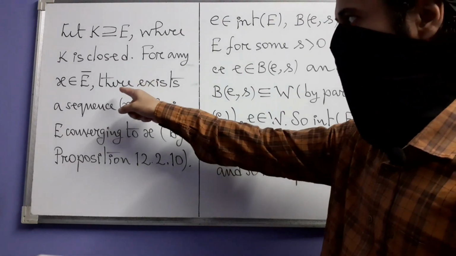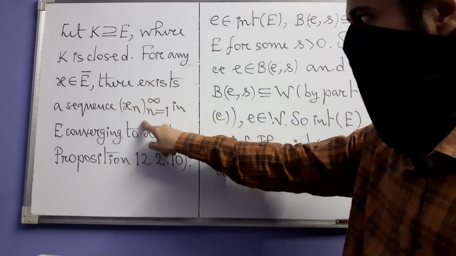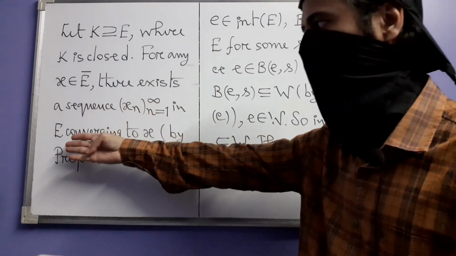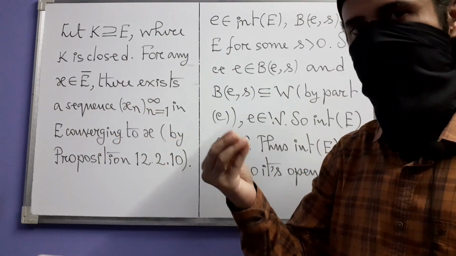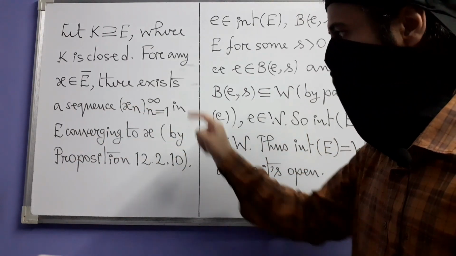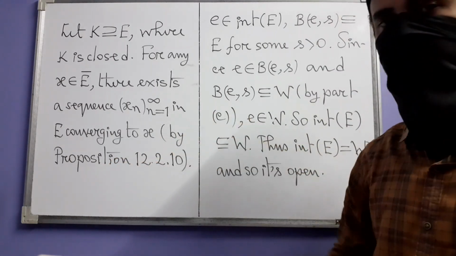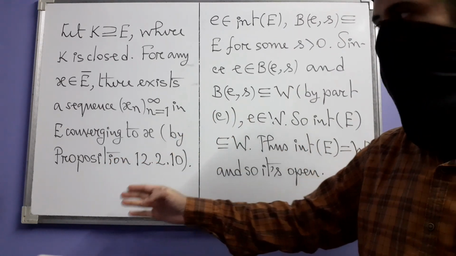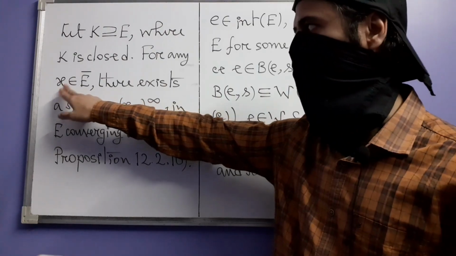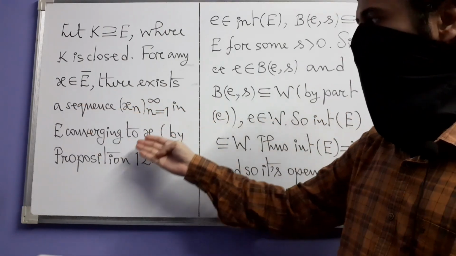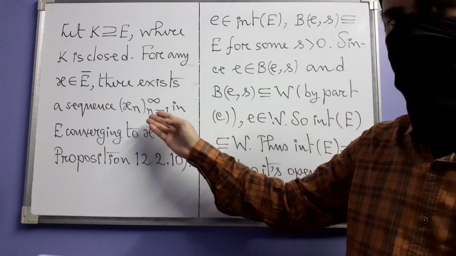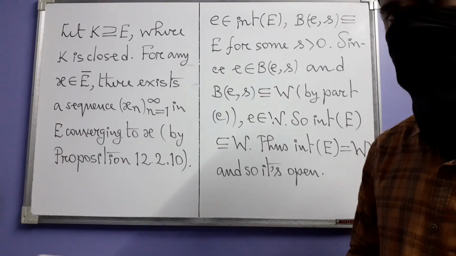For such a point x, there exists a sequence of points x_n in E, which means that all these x_n's are points in E, which converges to x by proposition 12.10. You go back to this and there you will see that x being inside the closure and a sequence like that existing are equivalent to each other.